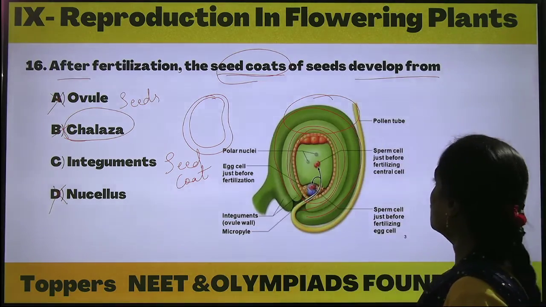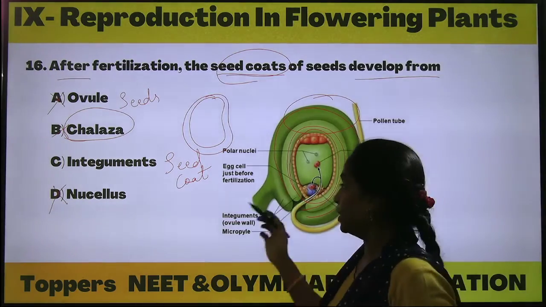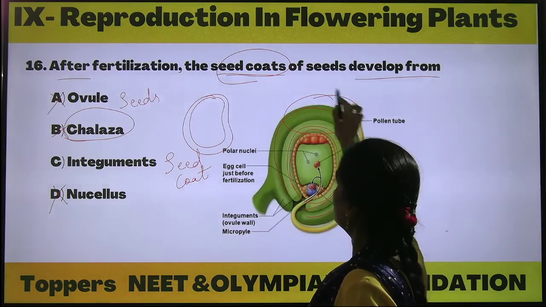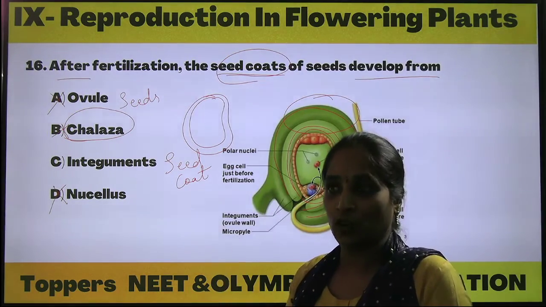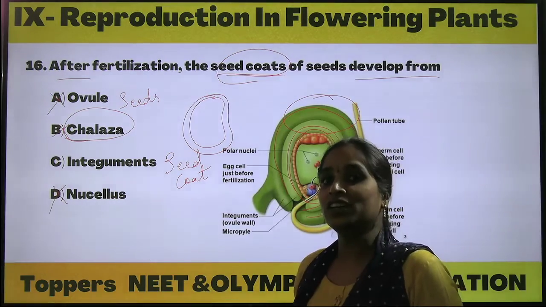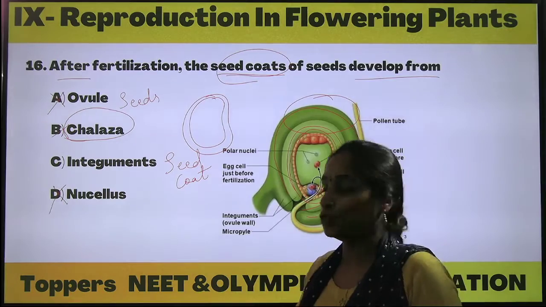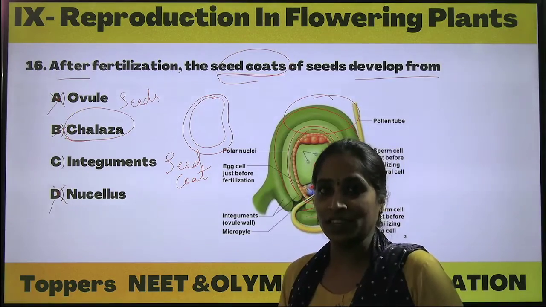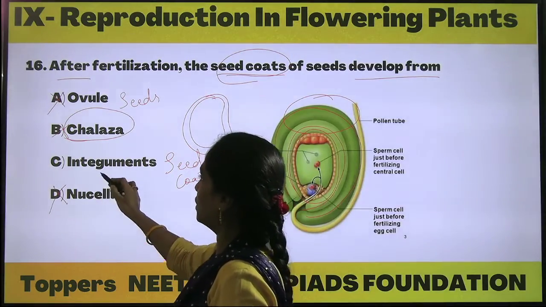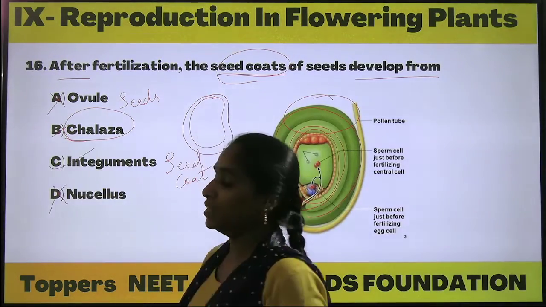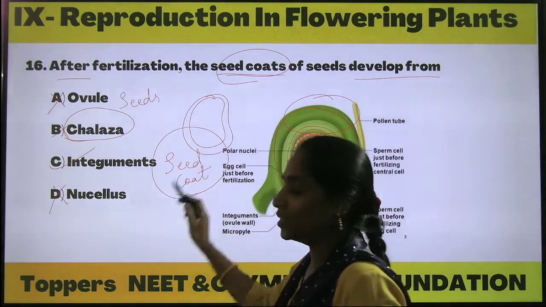The nucellus develops into perisperm. Within the embryo sac we can observe the developing zygote and embryo getting nourishment, that is, food materials to grow the embryo. That is the function of the nucellus. So here the correct option is C: integuments develop as the seed coats surrounding the seed.